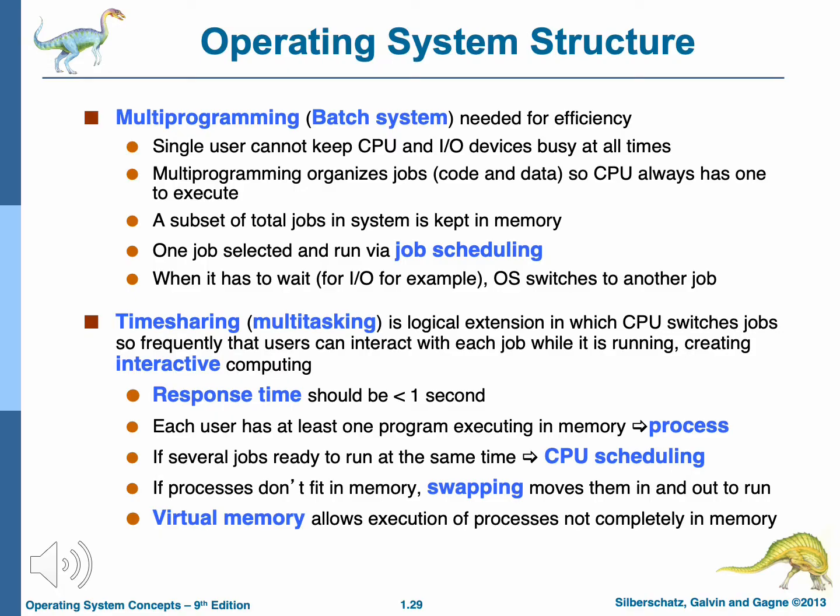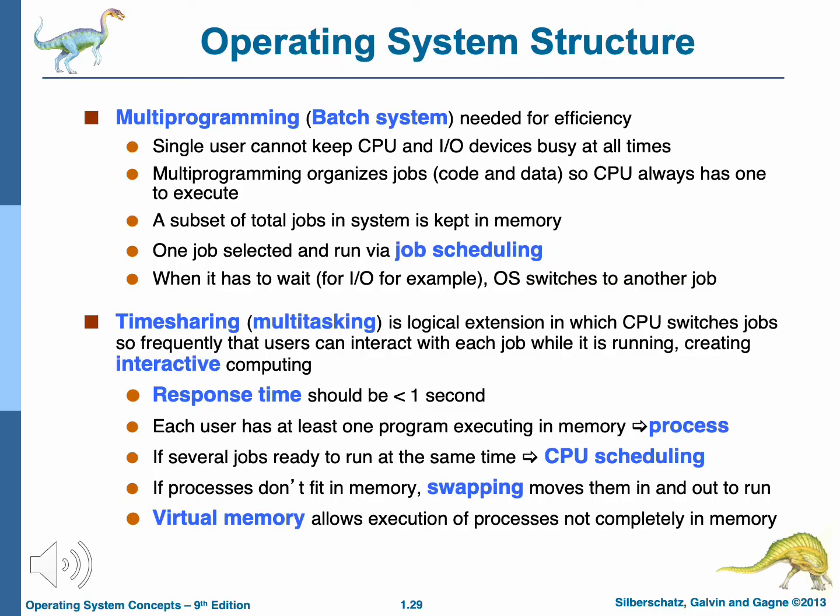A time-shared operating system allows many users to share the computer simultaneously. Since each action or command in a time-shared system tends to be short, only a little CPU time is needed for each user.